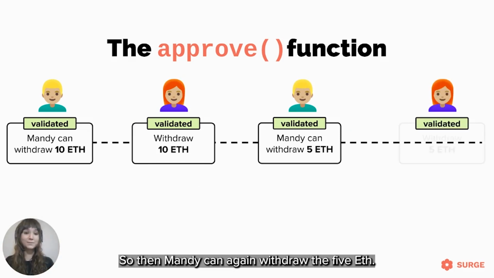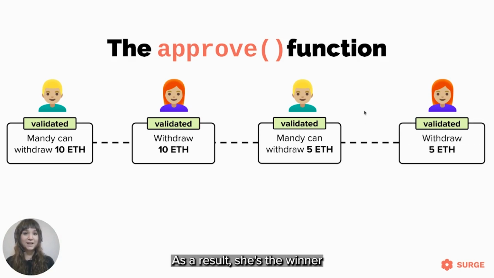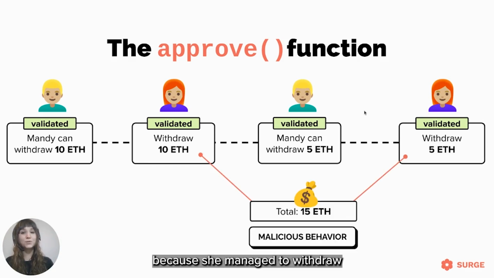So then Mandy can again withdraw the 5 ETH. As a result, she's the winner because she managed to withdraw not 5, not even 10, but 15 ETH together, because she was able to notice what Benny was doing with his account.